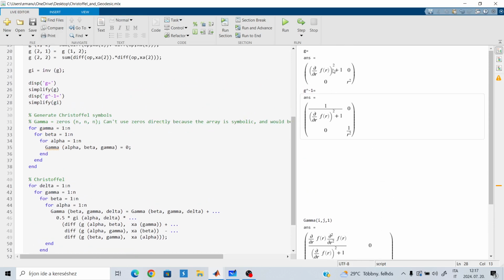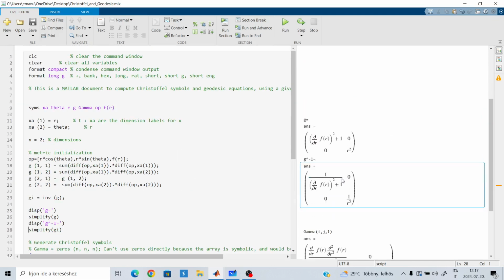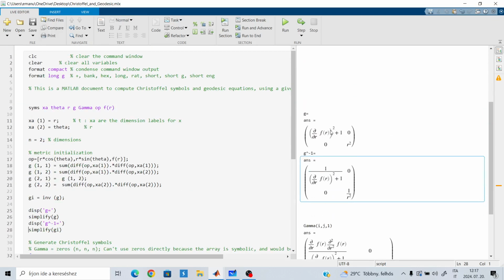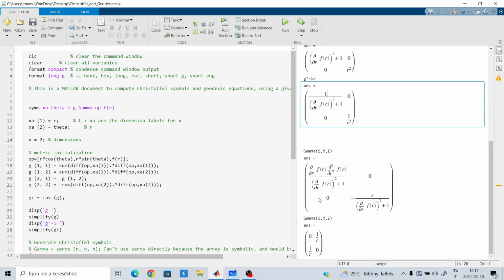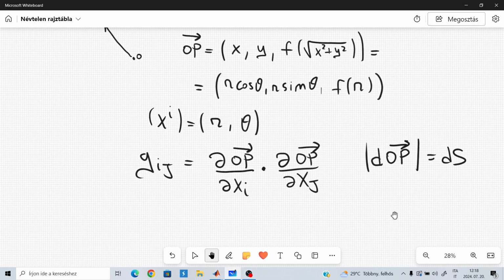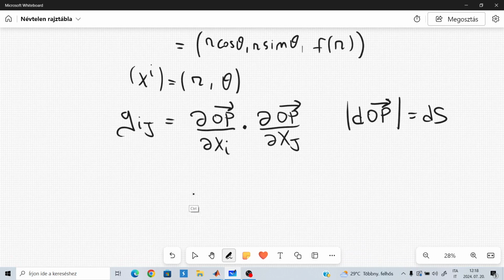In particular, here on the top right, you can see the definition of G. So that's a calculation based upon the variables. You can see that the non-zero elements are G11 and G22, and then here we have G inverse, and we also have the Christoffel symbols here, gamma ij1, which basically is the following object.